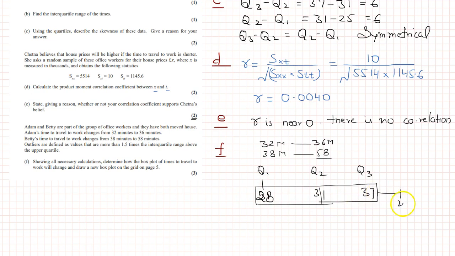This one is 40, and this one is 20, and we have 60, and one we have 61. One outlier is here. Now what is going to be the change? 32 to 36. It will be here, so there is no change. 38 is outside. To 58.